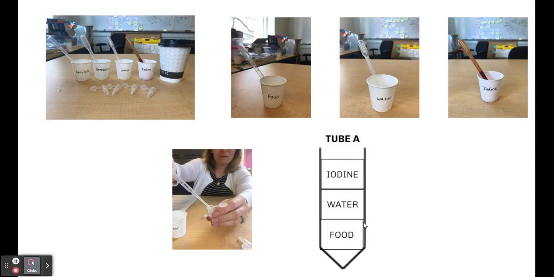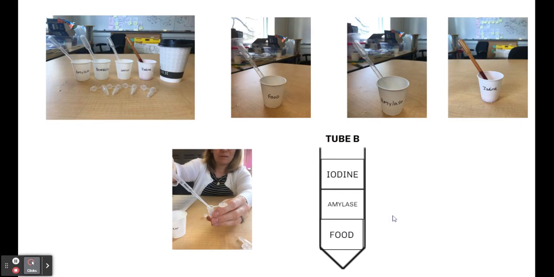Tube A is going to contain food, water, and iodine. We're going to add the food to the bottom of the tube, then add water, and then add iodine. Think about why we're adding water and what the iodine is going to test for.